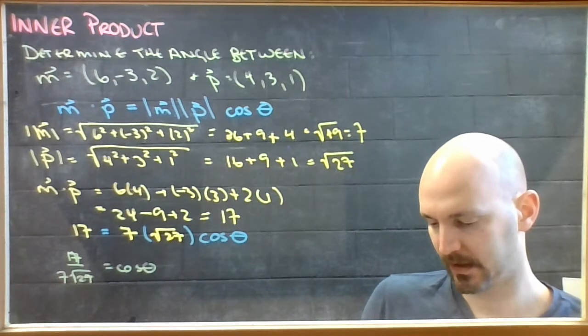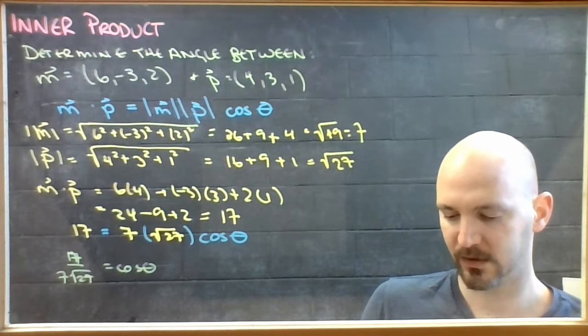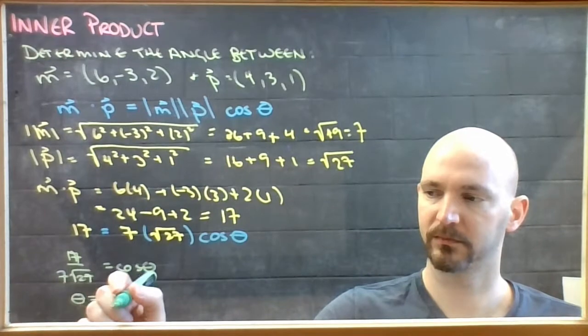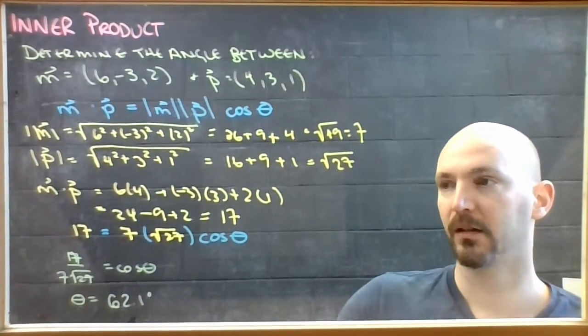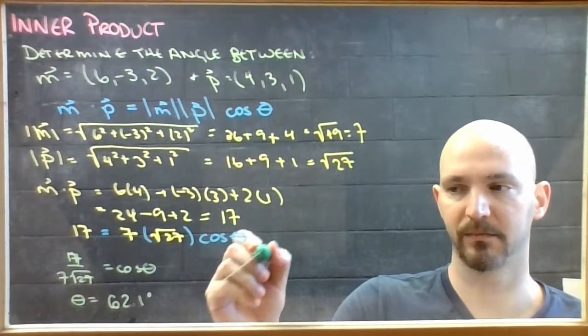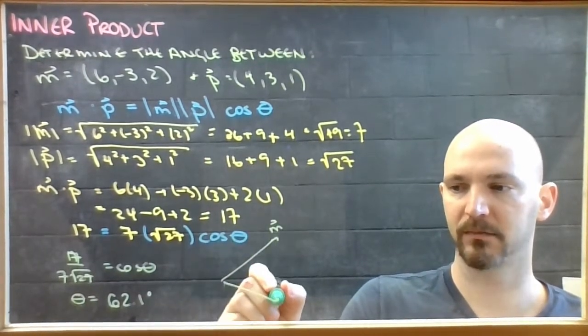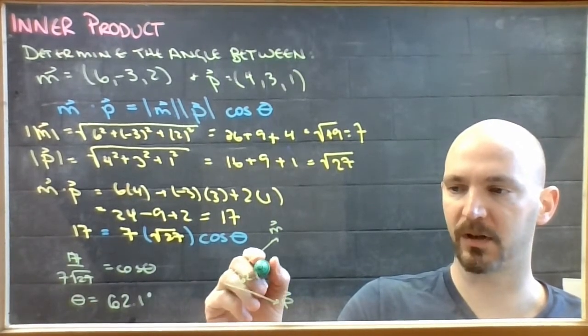And I'm going to arc cos that. 62.1 degrees. So wherever m is headed and wherever p is headed, the two of them meet at a 62.1 degree angle.